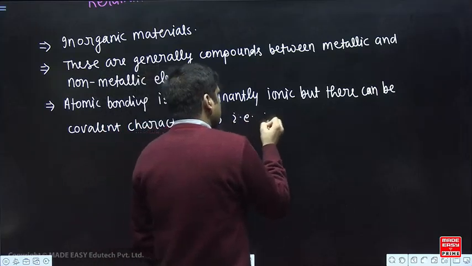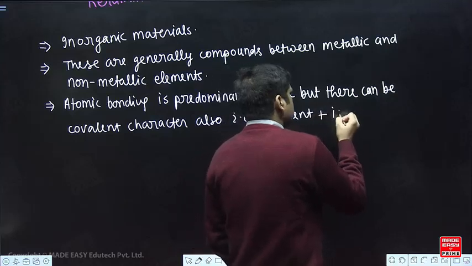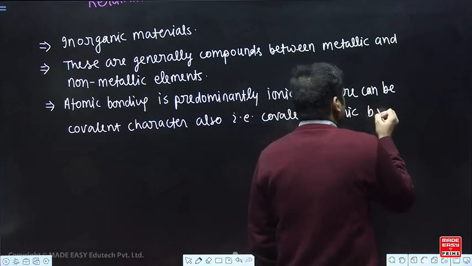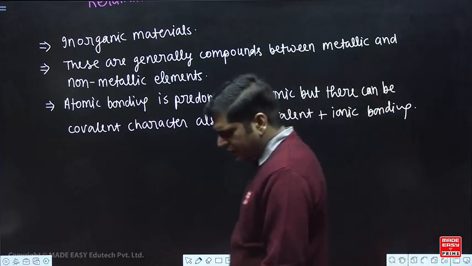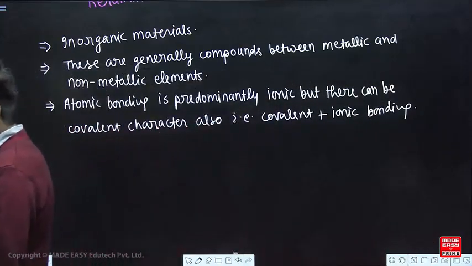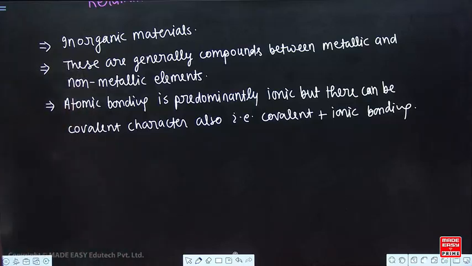That is covalent plus ionic bonding. So दोनों हो सकती हैं ionic bonding. It can be purely covalent, it can be purely ionic, or it can be covalent plus ionic, but most of these compounds will have ionic character, right? So inorganic materials, these are generally compounds between metallic and non-metallic elements. Atomic bonding is predominantly ionic, but there can be covalent character also, so covalent plus ionic bonding, right?